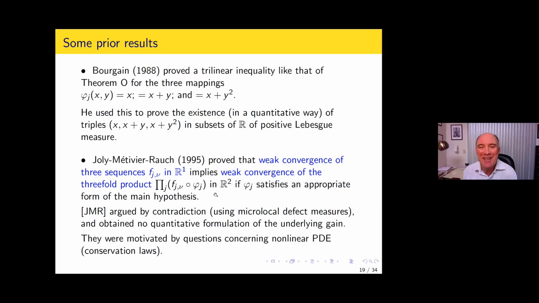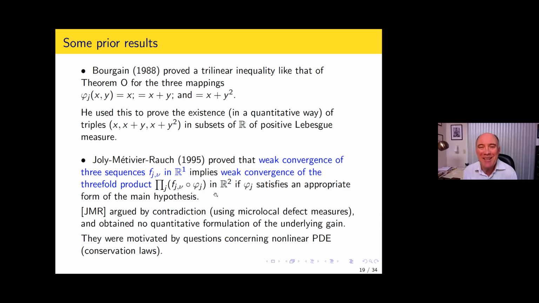More recently, I proved a trilinear version of today's main theorem. So you have an integral over a ball in R2, you have mappings composed of Fj's. The Fj's are analytic and satisfy the transversality hypothesis. And there's an inequality with negative order Sublevel norms.